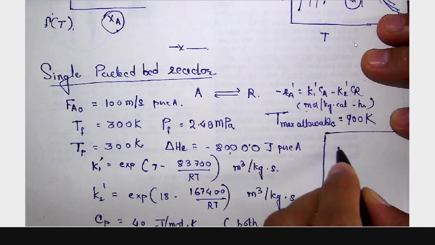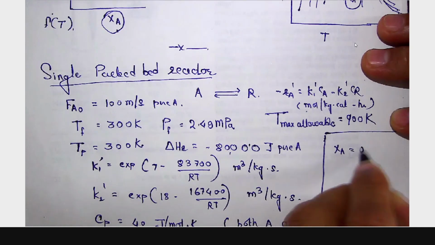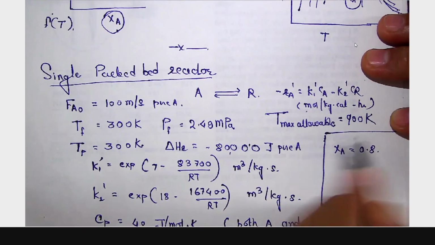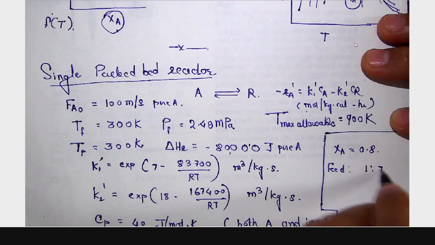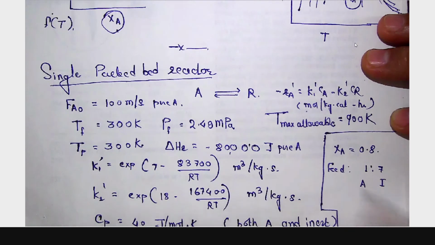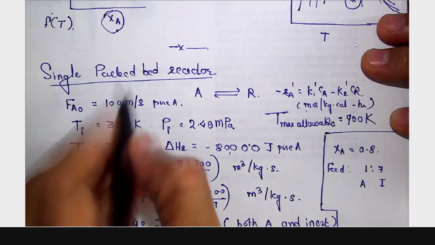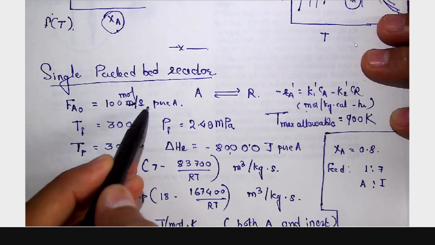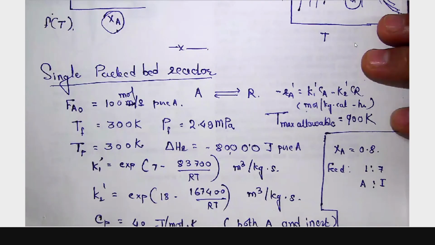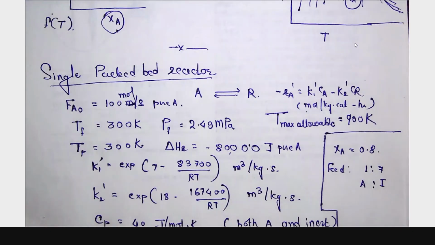We have to find out for XA equal to 0.8 and the feed having A and inert in the ratio 1:7. Suppose it is 100 moles per second of pure A, so total will be 800 moles per second of A plus inert in the feed. So for this we have to design the reactor.